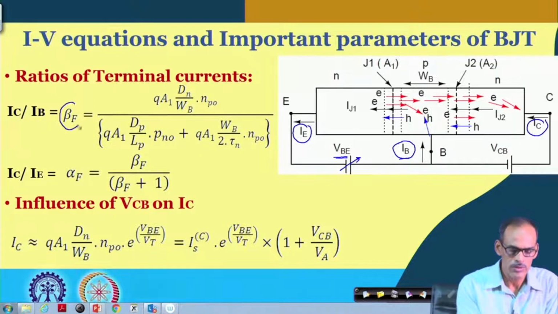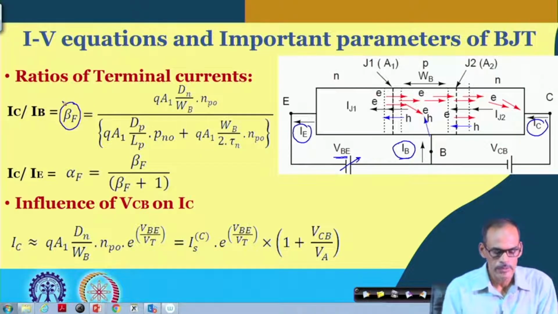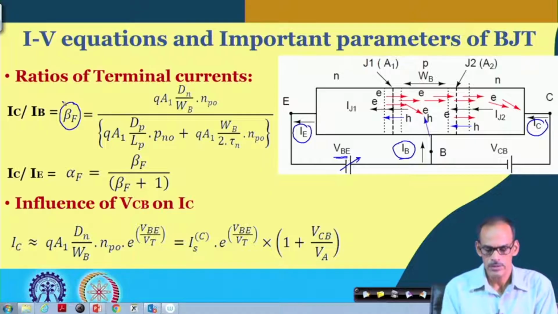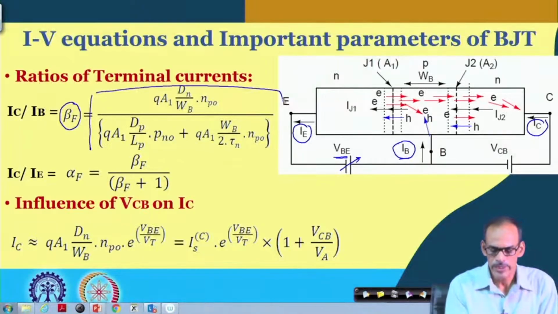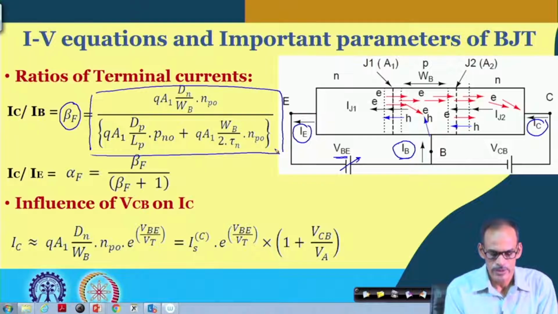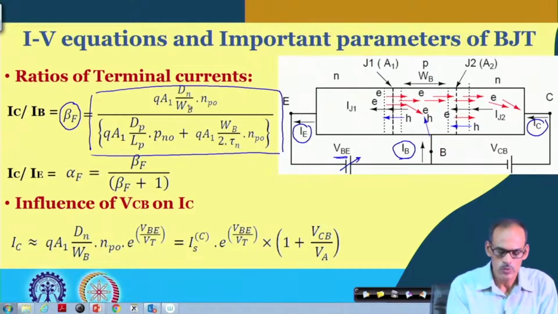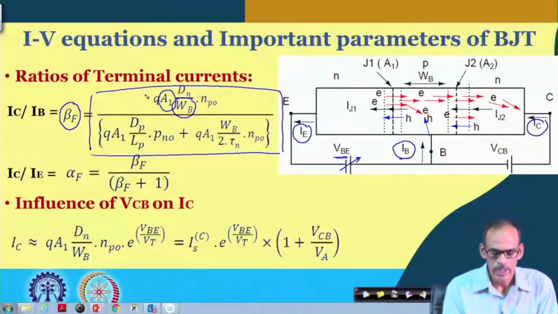that comes as an important parameter called the beta of the transistor, or to be more precise, it is referred to as the base current to collector current gain. As you can see in this expression, it is a function of different internal device parameters, namely the base width, the base to emitter junction cross sectional area, and so on.